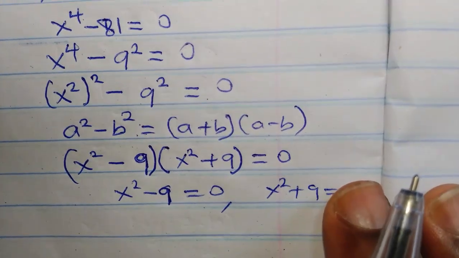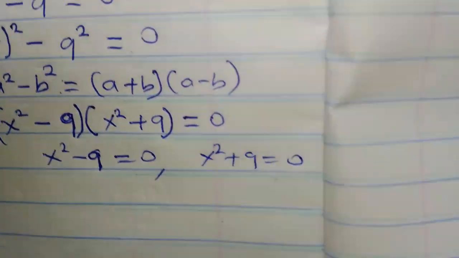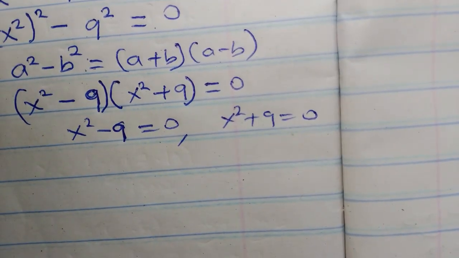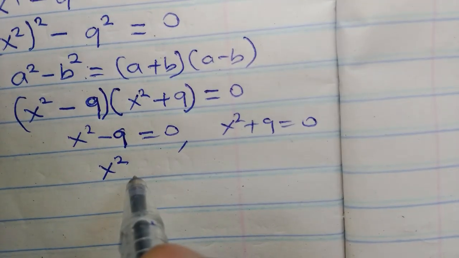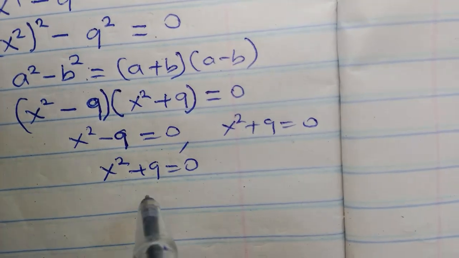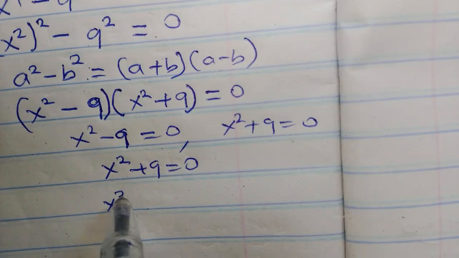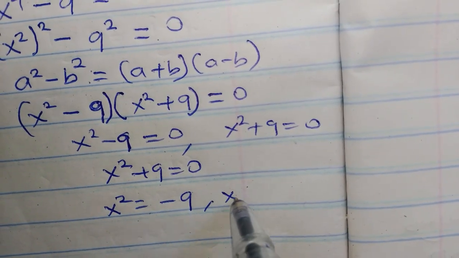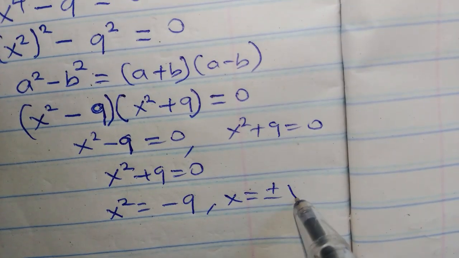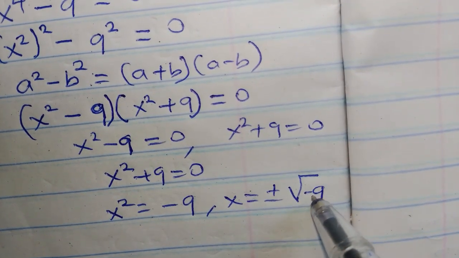So if we are to solve this first, from here we can say x square plus 9 equals 0. So x square equals minus 9. If you take the square root of both sides, we say x equals plus or minus the root of negative 9.